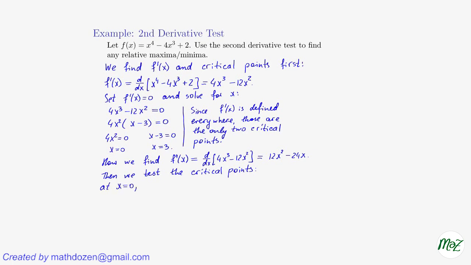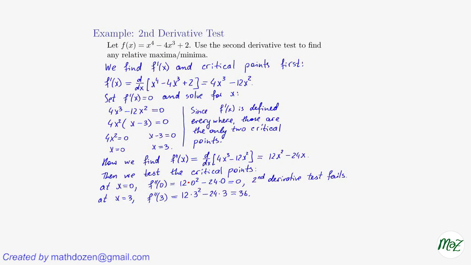We substitute x equals 0 into the second derivative, and we get 12 times 0 squared minus 24 times 0, and it works out to be 0. So if the second derivative is 0, we don't know anything about concavity, so the test fails at this point. At x equals 3, we get that the second derivative at 3 is equal to 12 times 3 squared minus 24 times 3.